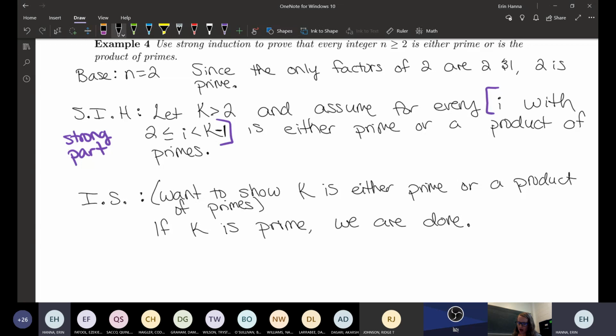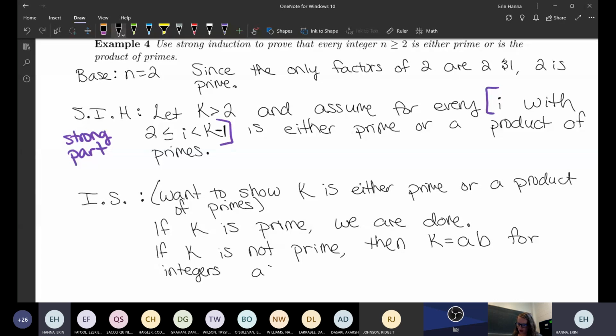So if k is not prime, then essentially a greater than or equal to 2.